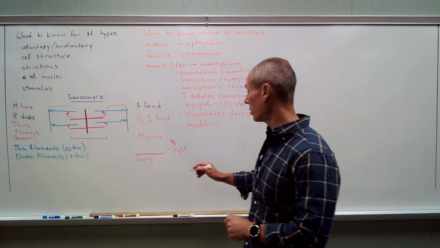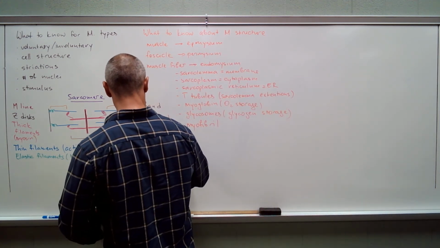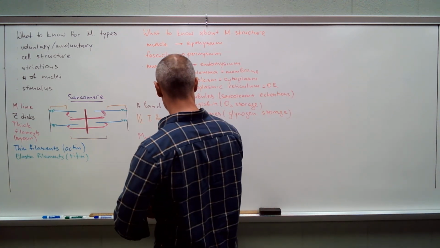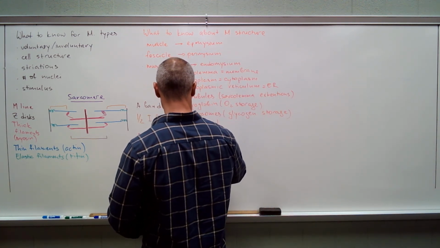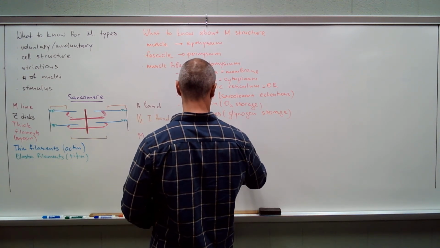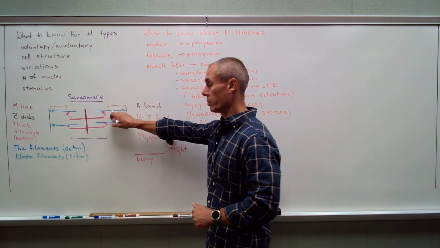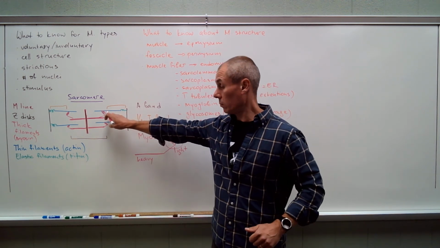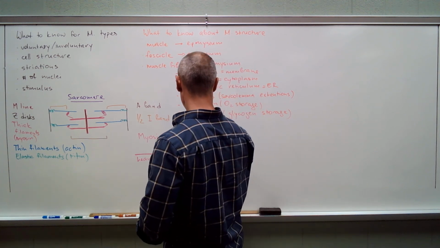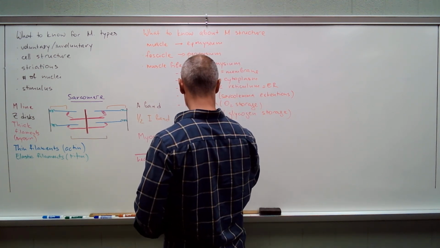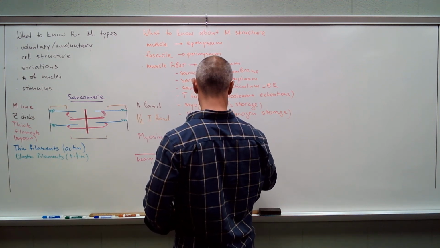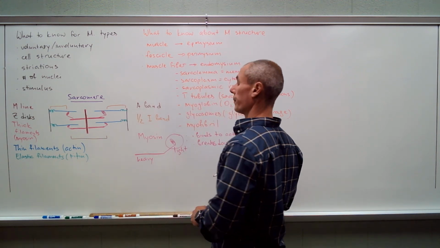What can the myosin head do? This structure, the head of the myosin, can bind to actin, which forms the thin filament. And it also can break down ATP.